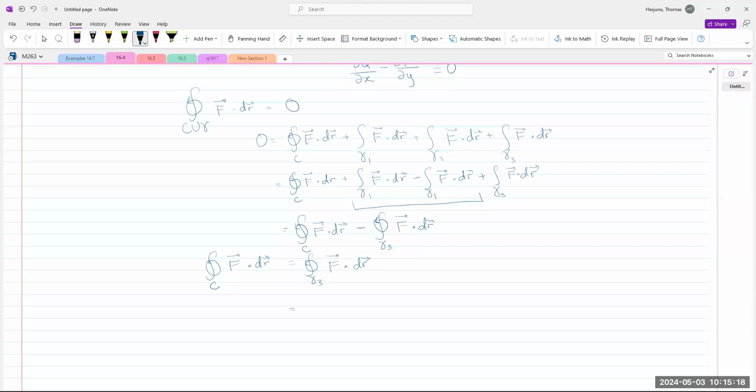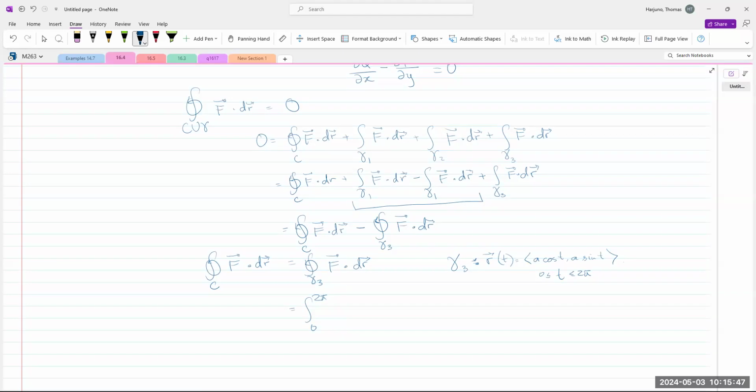Okay, but this is integral from 0 to 2 pi of, let's parameterize that gamma 3. Gamma 3 is parameterized by a very small radius a cosine t, a sine t, where t is from 0 to 2 pi.